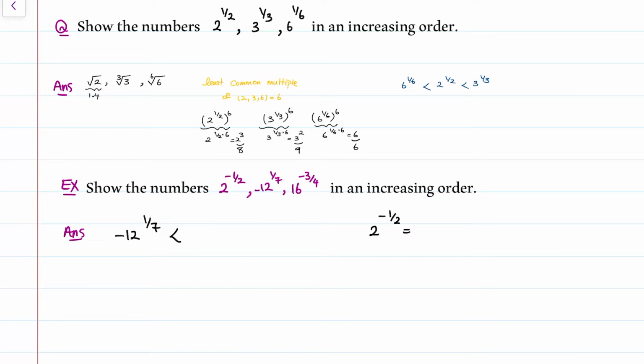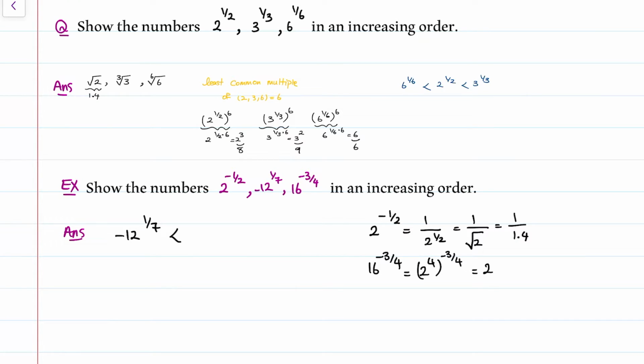This one is what? This is 1/2 to the power of 1/2. So this is 1 over square root of 2, and I know that this is 1/1.4. Good. How about the other one? I have 16 to the power of negative 3/4. So this is 2 to the power of 4, to the power of negative 3/4.